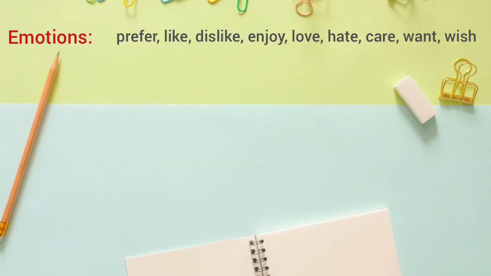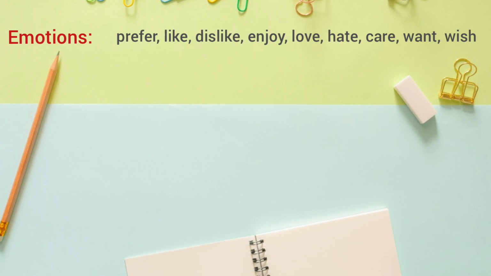But most commonly, you will not use continuous with state verbs, and I'd like you to take a look at all possible variations of them. So these can be verbs of emotions, like prefer, like, dislike, enjoy, love, hate, care, want, wish.